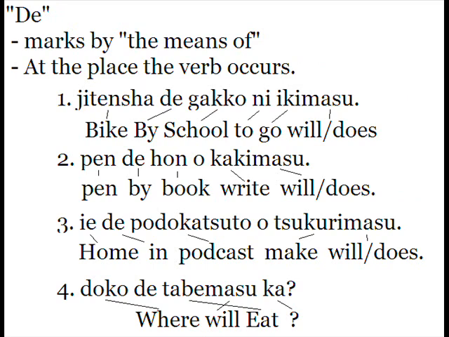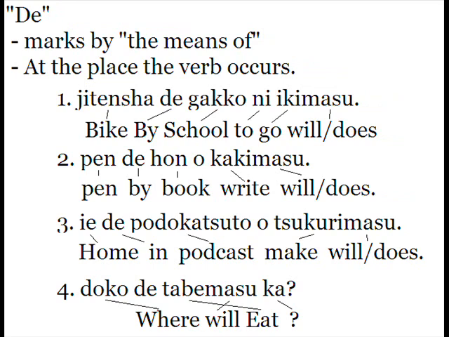Okay, number 2. ペンで本を書きました。So, by means of pen, the book is being acted upon. 本を書く, which is to write. And then you add the mas form, which is past tense form. So, 書きました, which is wrote. By means of pen, the book was written.